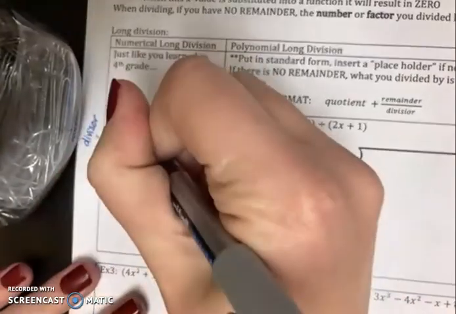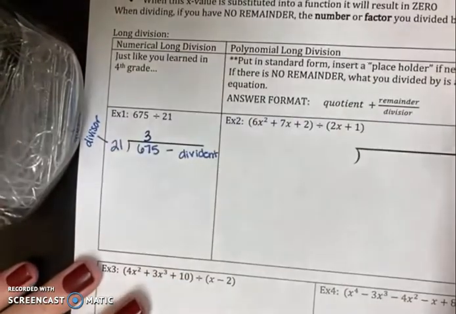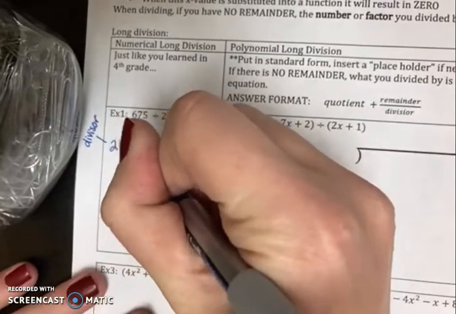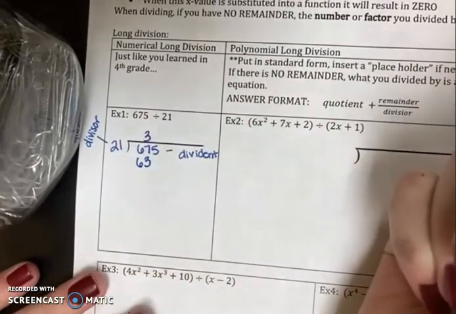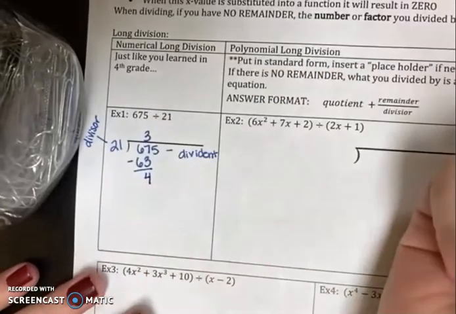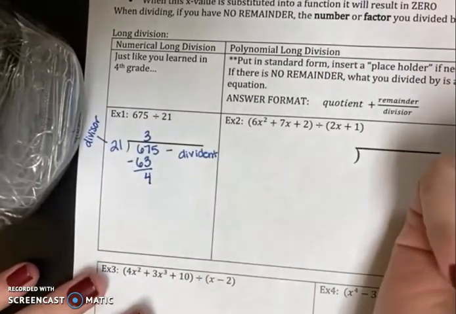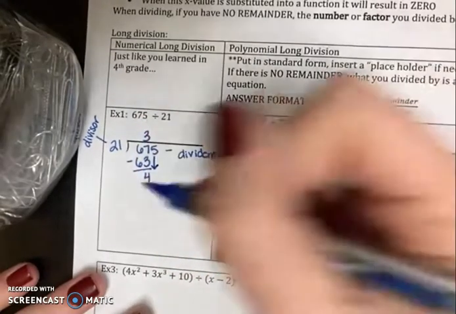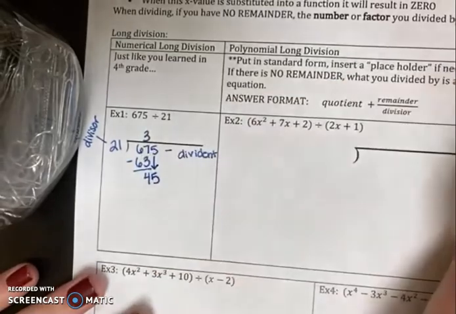So I'm going to put a 3 right there. 3 times 21 is 63, so I'm going to subtract that 63, which gives me 4. Then I want to go ahead and bring down the next number.